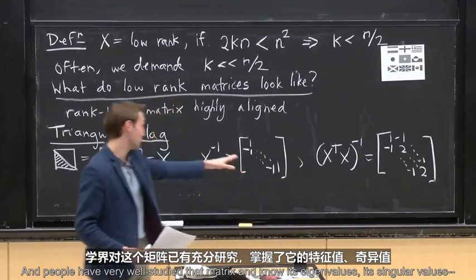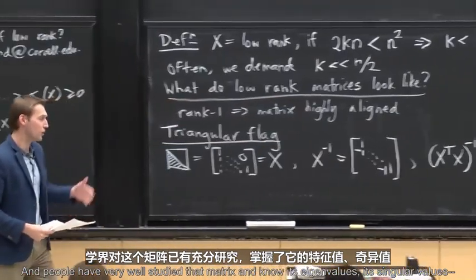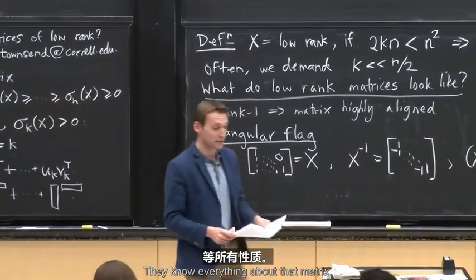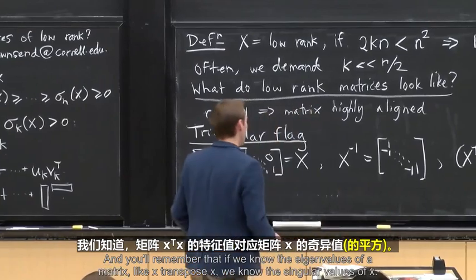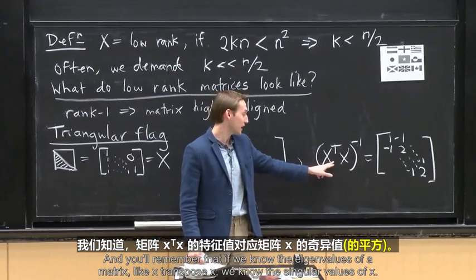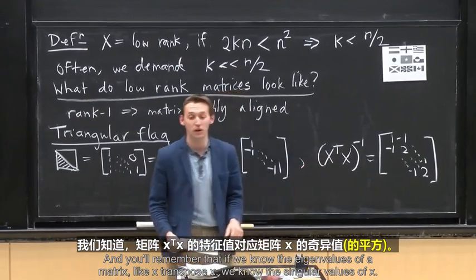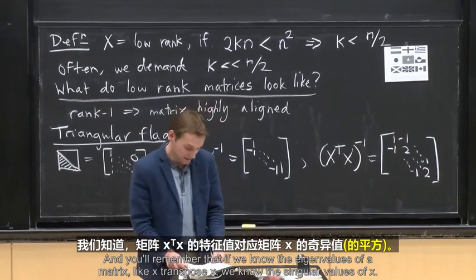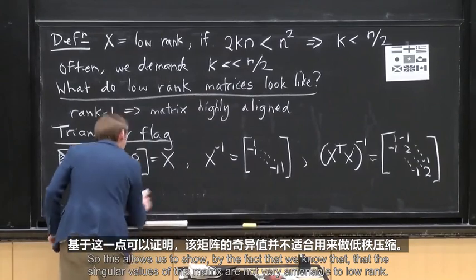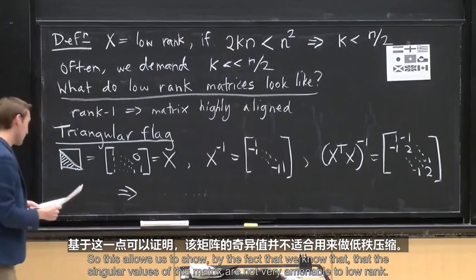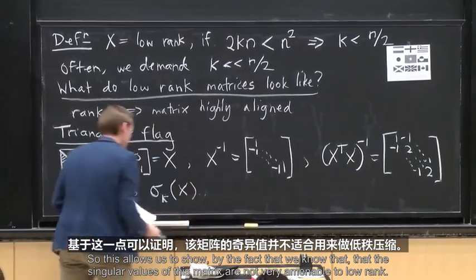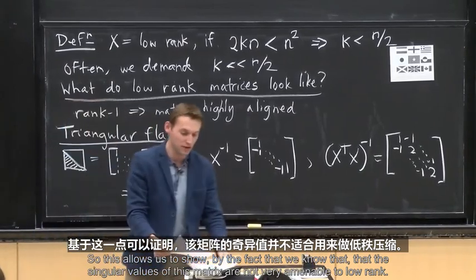And people have very well studied that matrix and just know its eigenvalues, its singular values. They know everything about that matrix. And you'll remember that if we know the eigenvalues of a matrix like X transpose X, we know the singular values of X. So this allows us to show that the singular values of this matrix are not very amenable to low rank.